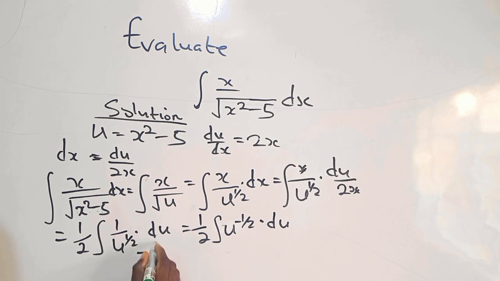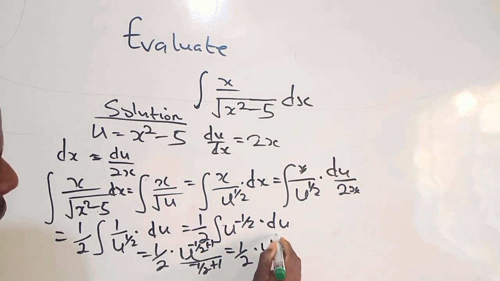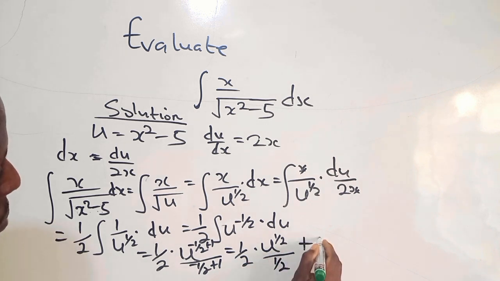So I have here 1 over 2 times, since I'm integrating with respect to u, I add 1 to the power and divide everything by the new power, so I have u raised to minus half plus 1, over minus half plus 1. So here I have 1 over 2 times, taking half from 1, instead of saying minus half plus 1, we have half, divided by half, plus c.